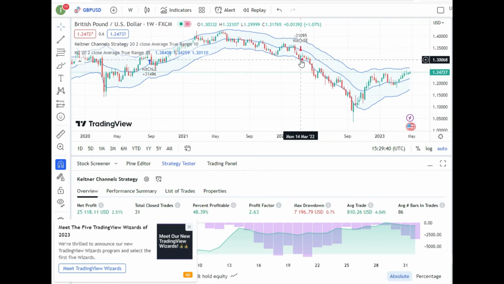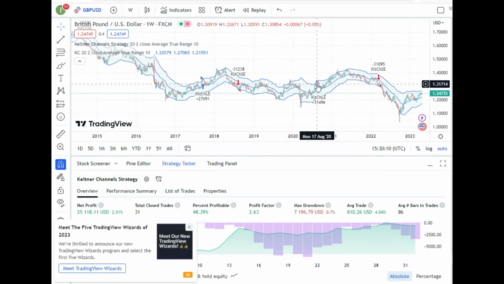Here the Keltner channel works so that you sell when price tries to break the lower band, the lower boundary. You sell when you have a bearish move, and you buy when the price is trying to break the upper line. So buy after the upper line, sell below the lower line.